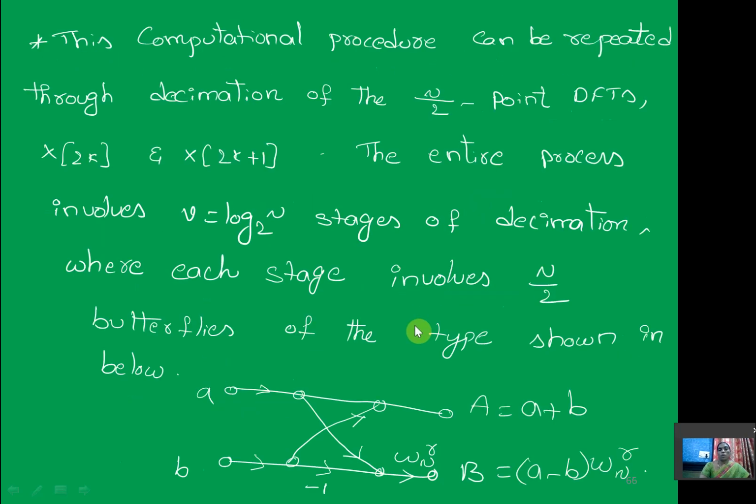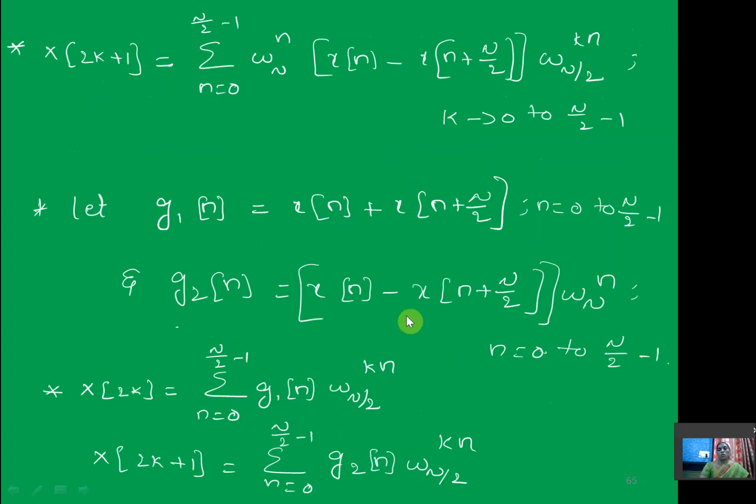Now this computational procedure can be repeated through decimation of the N by 2 point DFTs, X of 2k and X of 2k plus 1. The entire process involves log N base 2 stages of decimation, where each stage involves N by 2 butterflies of the type shown below. We are implementing these two equations in terms of a butterfly diagram or signal flow graph.